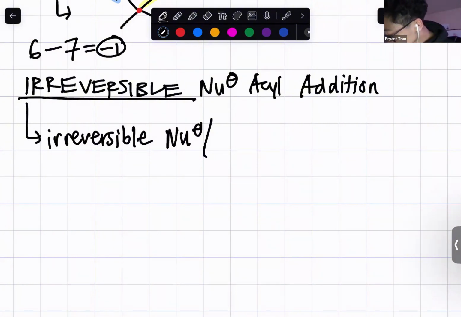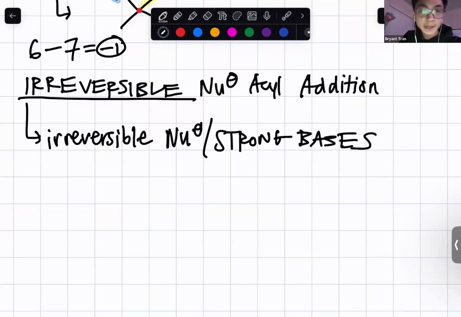or strong bases, right? And Lievens, she wants you guys to know the pKa for things. So the pKa for these sets of reagents here would be greater than or equal to 25. And there's three that she gave you.